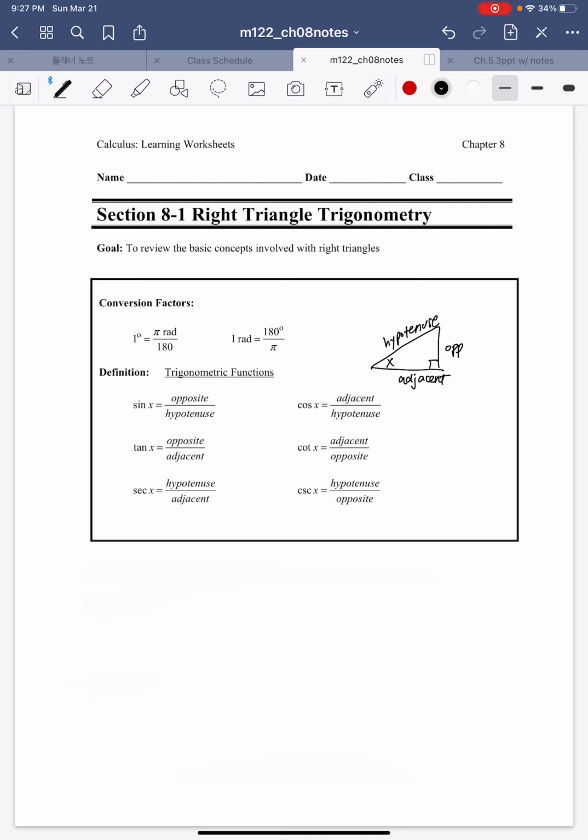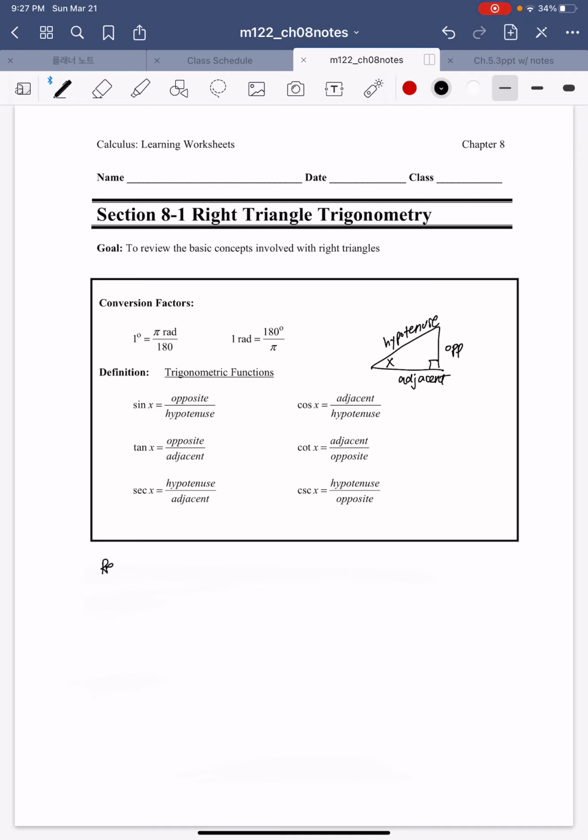Also, I'm going to draw 2 triangles, the one with 30, 60, 90 degrees and the one with 45, 45, 90 degrees. We call those the known angle triangles, and we will be using them a lot without a calculator.